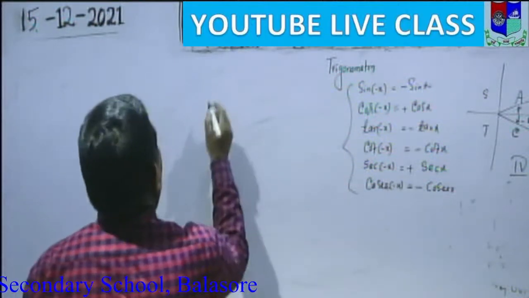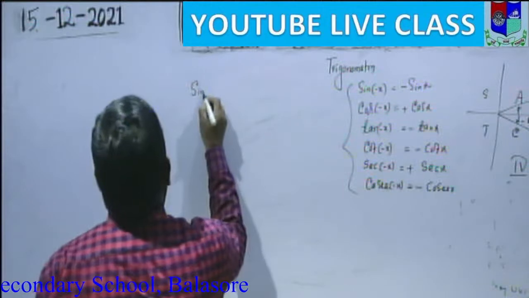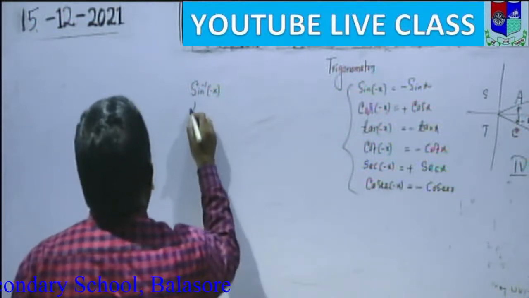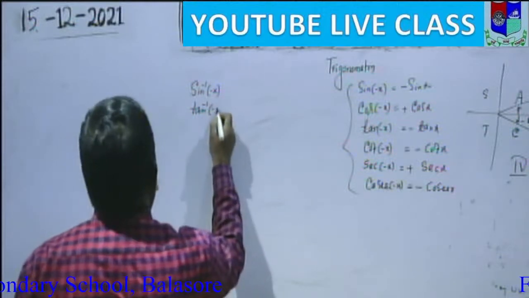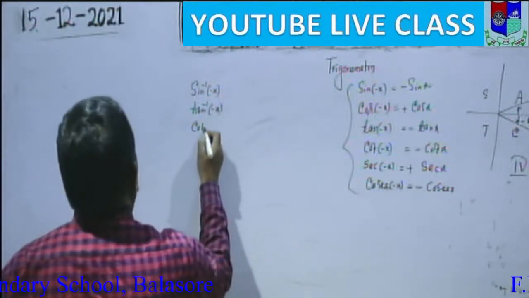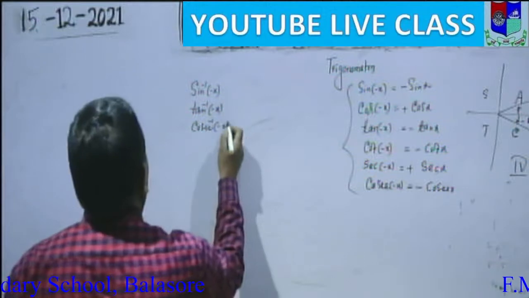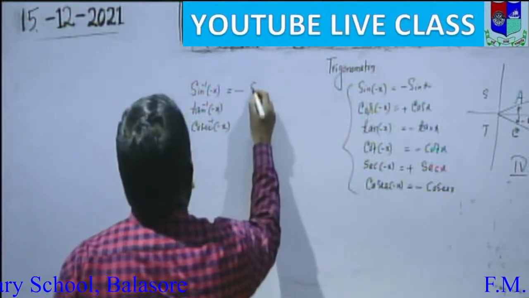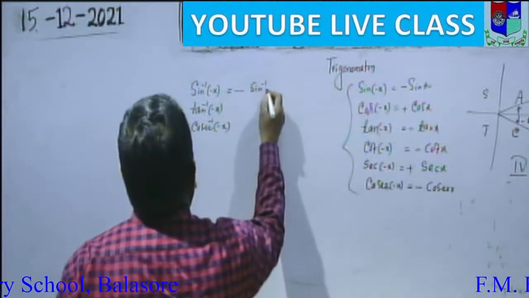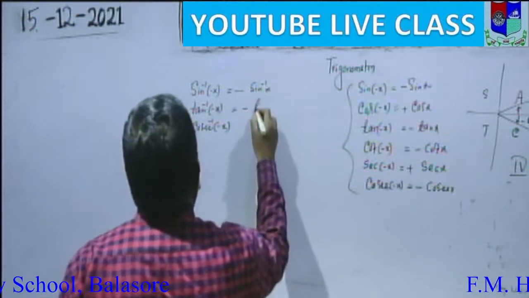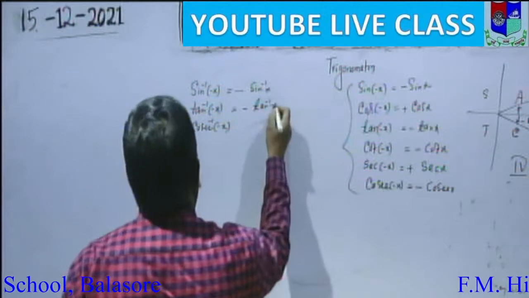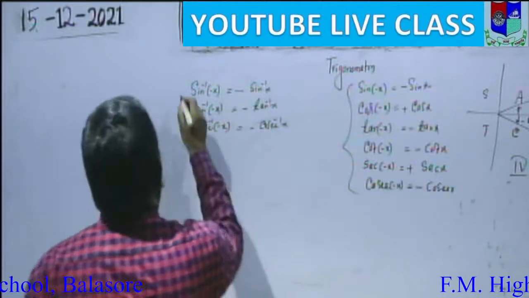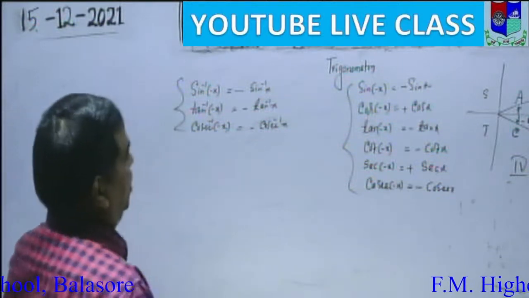Now in inverse trigonometric functions, sine inverse minus x, tan inverse minus x, cosec inverse minus x are minus sine inverse x, minus tan inverse x, minus cosec inverse x. We have already proved it yesterday.